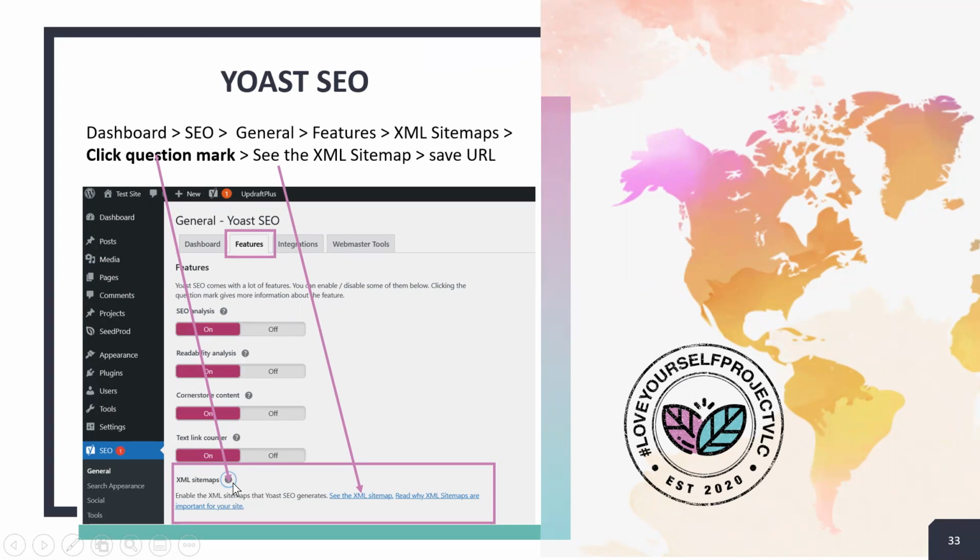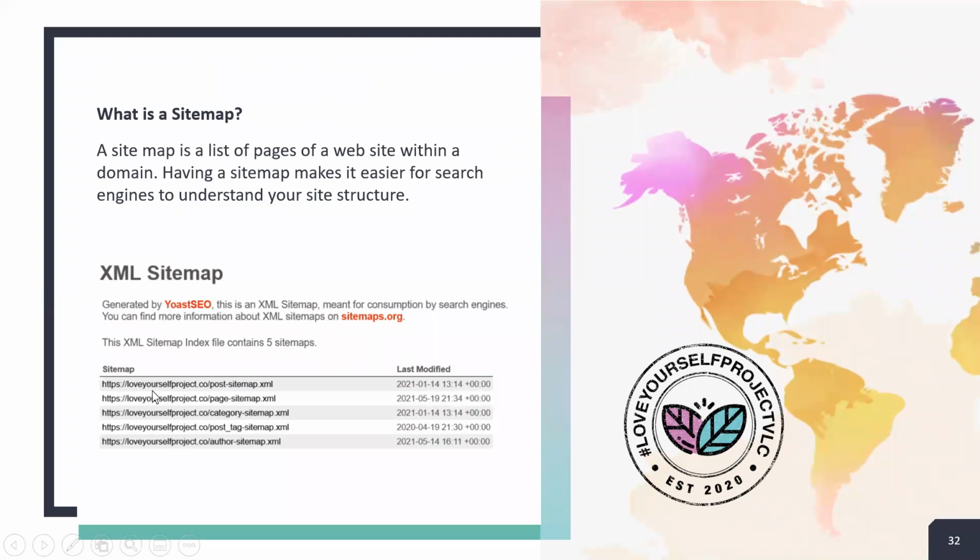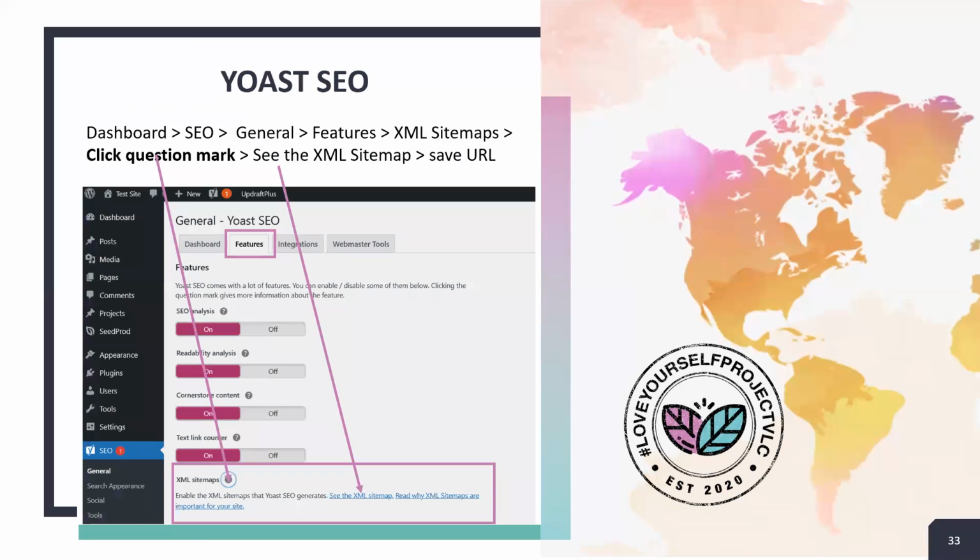Once you find that, you click on the little question mark and it will expand to this, and you look for the first option, which is see the XML sitemap, and click on that. Once you click on that, you're going to get a page like this, except with a URL, and it's the URL that you do want to copy.